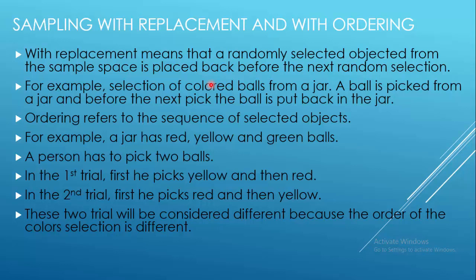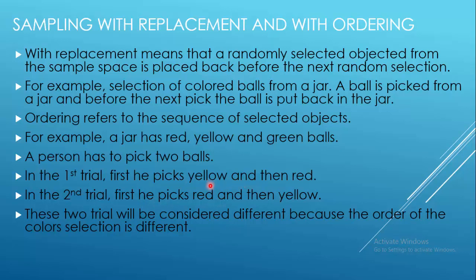Now, what is ordering? Ordering refers to the sequence of selected objects. For example, a jar has red, yellow and green balls, and a person has to pick two balls. In the first trial, he first picks yellow and then red, and in the second trial, he first picks red and then yellow.